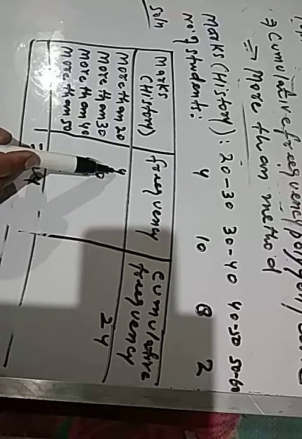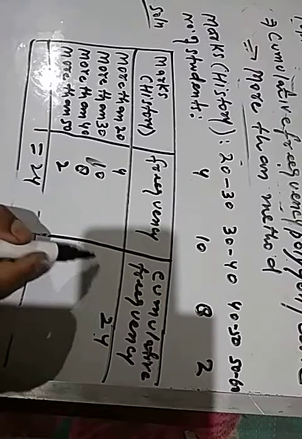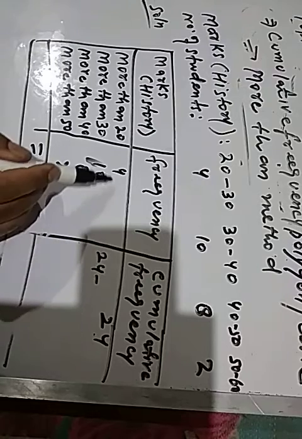For more than 30, we have to subtract the first simple frequency from this cumulative frequency. Now this total 24 becomes the cumulative frequency of this class, more than 20. From this 24, we have to subtract the value of first simple frequency, which here is 4, and it will be equal to 20.